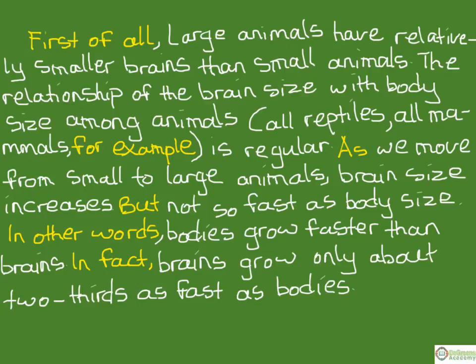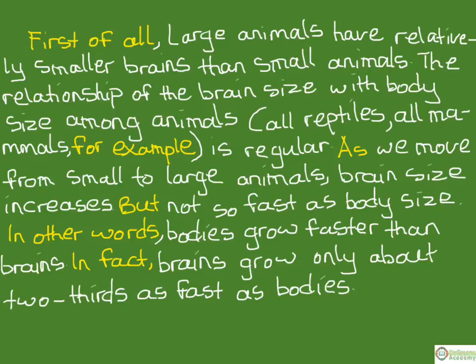When we read this paragraph, we discover that the words in yellow are what we refer to as linking words. They help to link our ideas. They help to explain the ideas. The passage starts, first of all, large animals have relatively smaller brains than small animals.